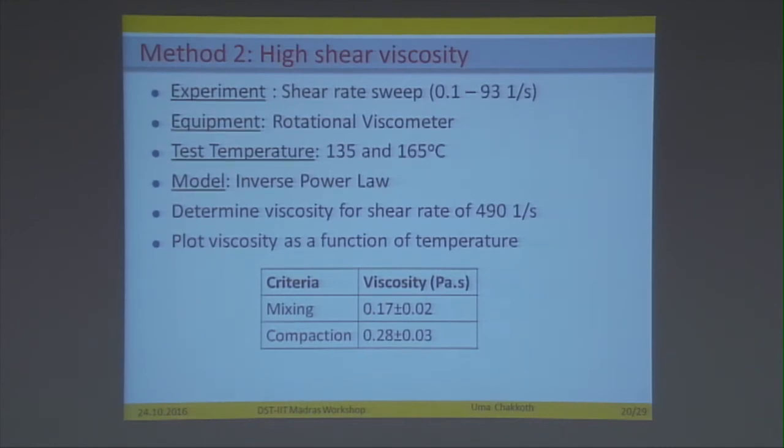And here what they have suggested is to extrapolate the viscosity value or determine the viscosity value at a shear rate of 490 reciprocal seconds, and viscosity temperature charts are again prepared, and the temperature corresponding to a viscosity of 0.17 Pascal seconds is read as the mixing temperature, and that which corresponds to 0.28 Pascal seconds is taken as the compaction temperature.